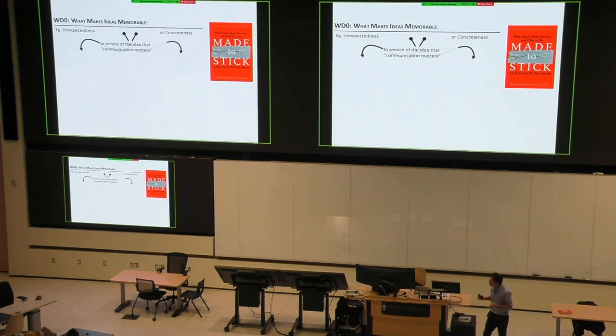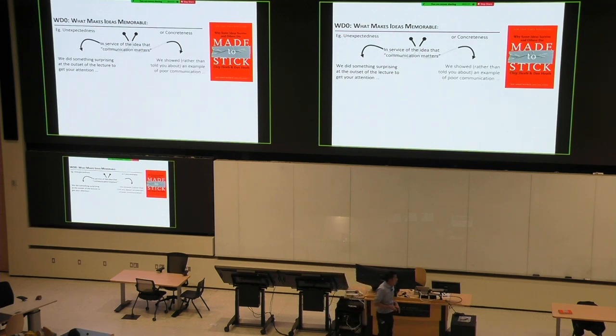But both of these were really in service of the idea that communication really matters. And if you look very closely at the Made to Stick principles, you can say certainly we did something surprising at the outset of the lecture to get your attention. And then we showed rather than told you about an example of poor communication, okay?